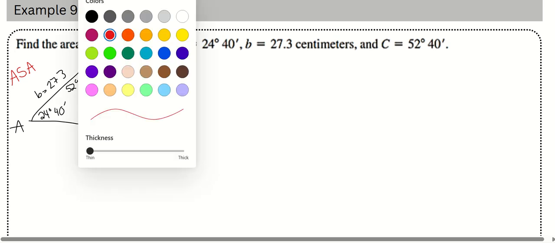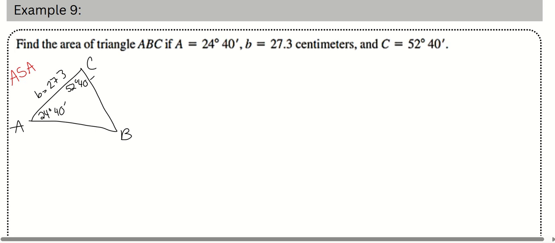So one way to do this as well, we can find the missing side of one of these angles by using law of sines first.